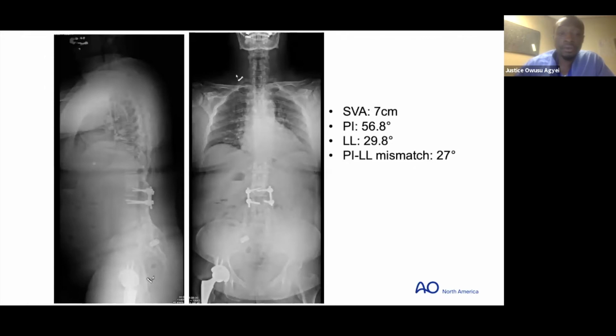This is her standing scoliosis film, which demonstrates clear-cut flatback deformity with straightening or flattening of her thoracic kyphosis. And she has an SVA of 7 centimeters with a lumbopelvic mismatch of 27 degrees.